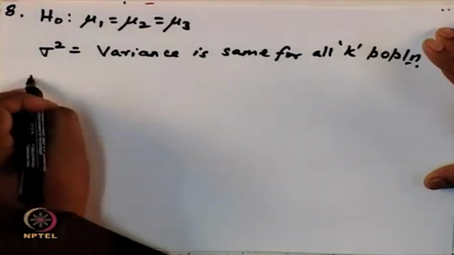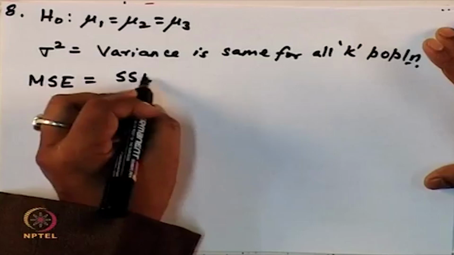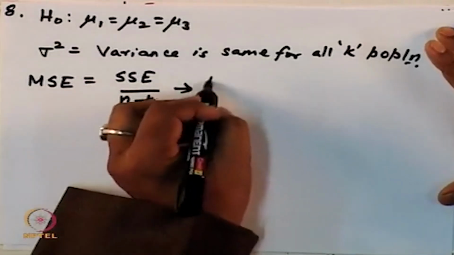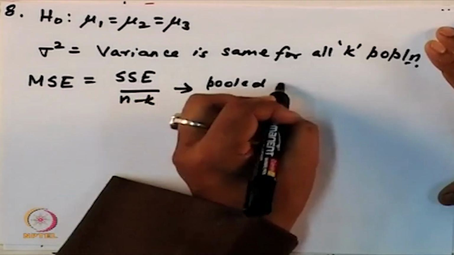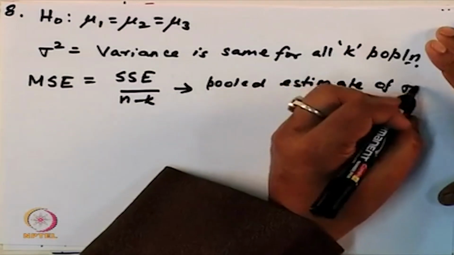Our MSE, which is given by SSE by n minus k, provides us with a pooled estimate of sigma square.